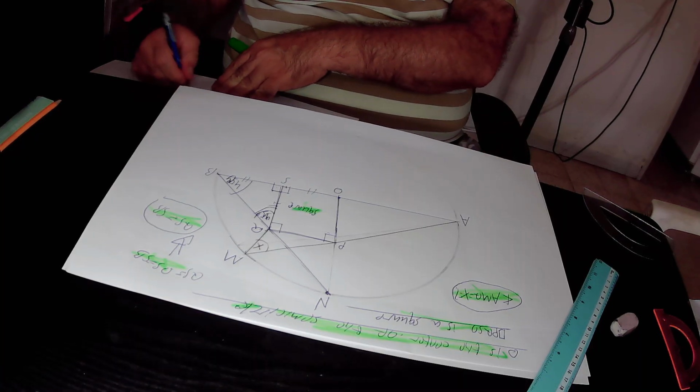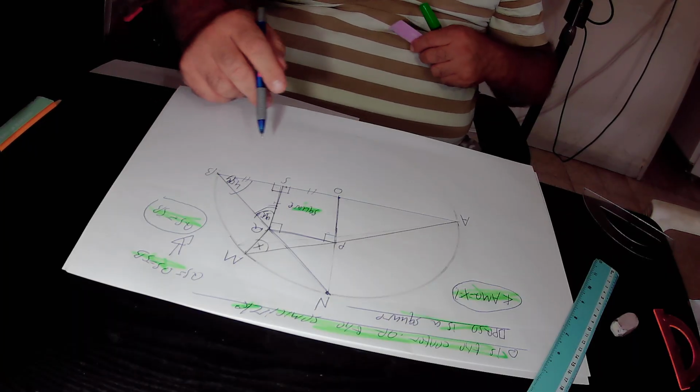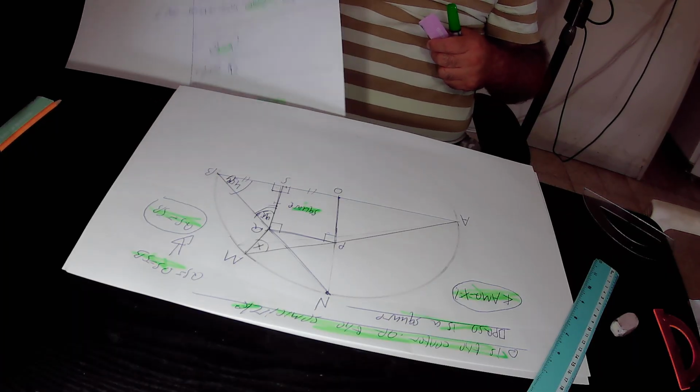Again, if we focus on the left side of the straight line NB at point Q, the sum of the angles must be equal to 180 degrees according to rule 3.